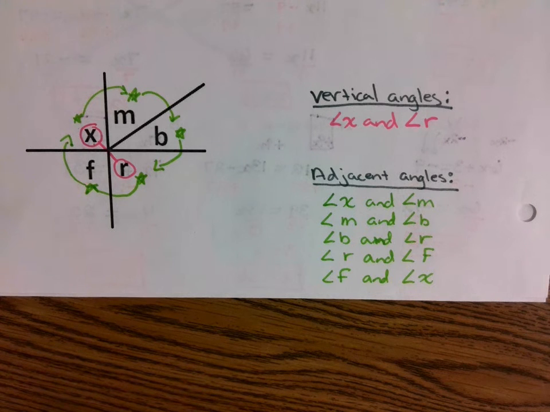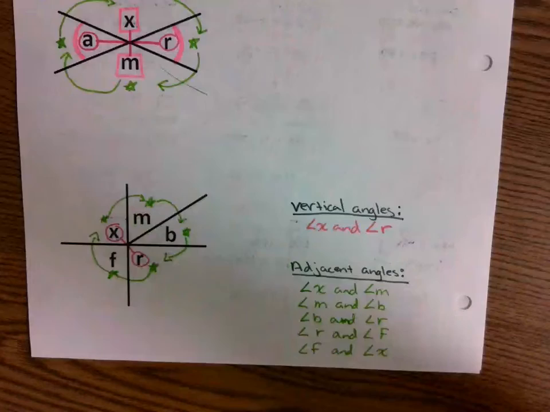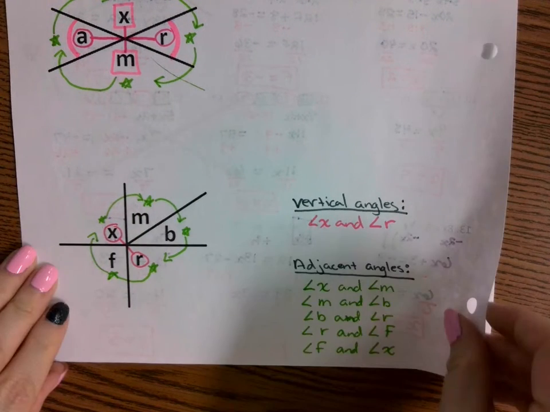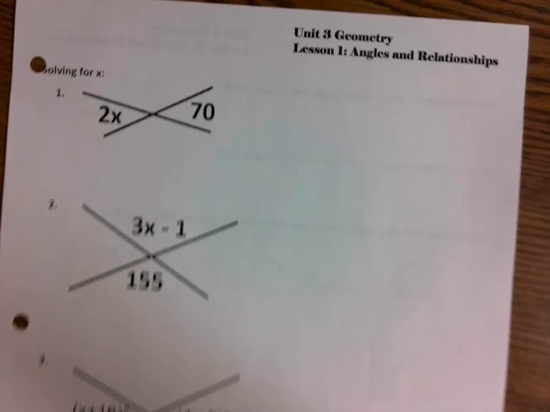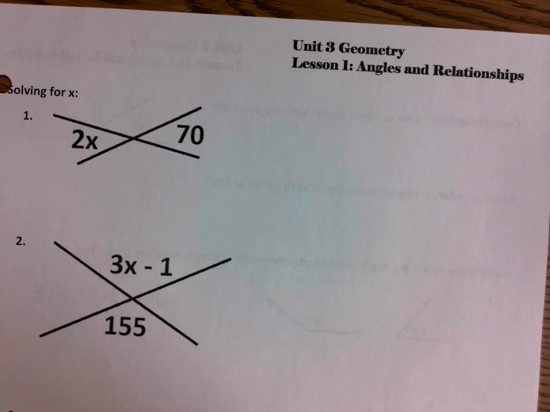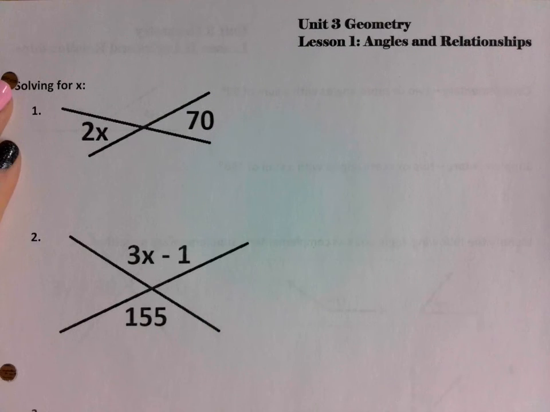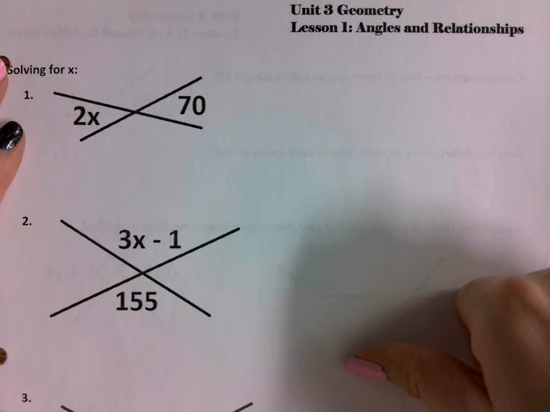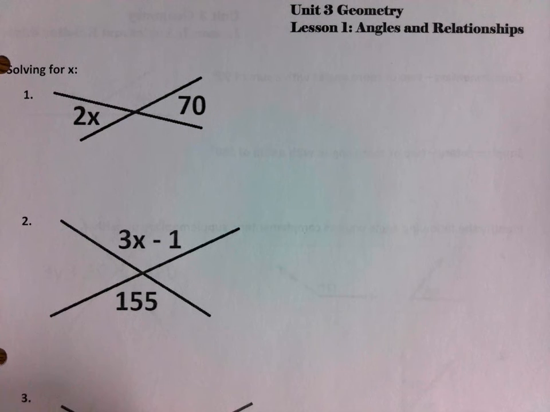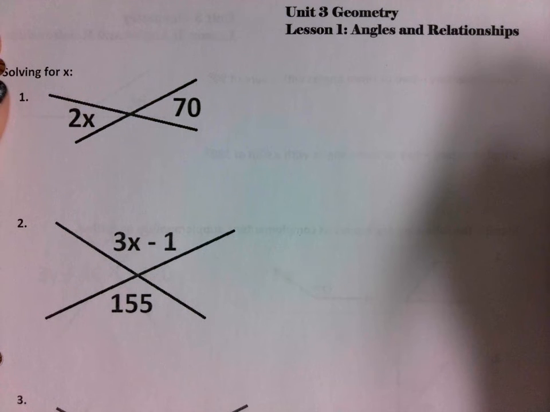All right, let's go ahead and move on to the back using the vertical angle information. The fact that vertical angles are congruent means we can solve for missing values based off of this relationship. We can set this up by saying 2x and 70 are vertical angles.